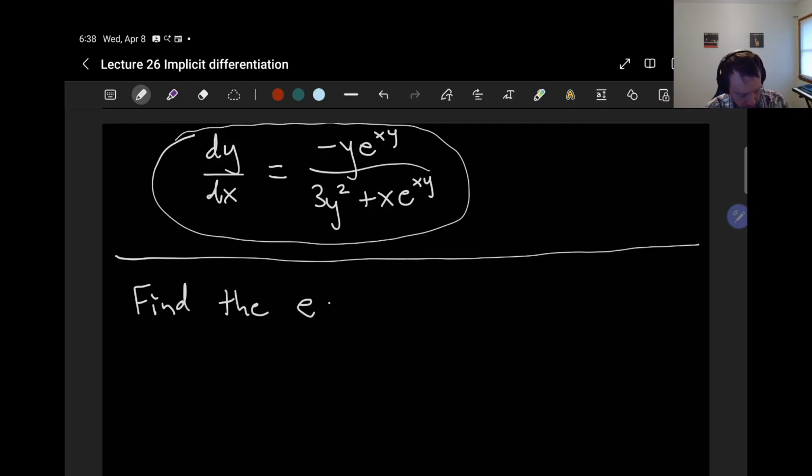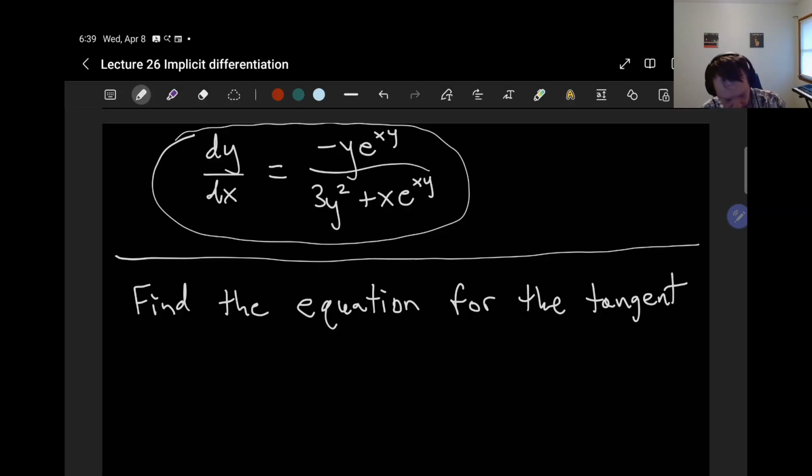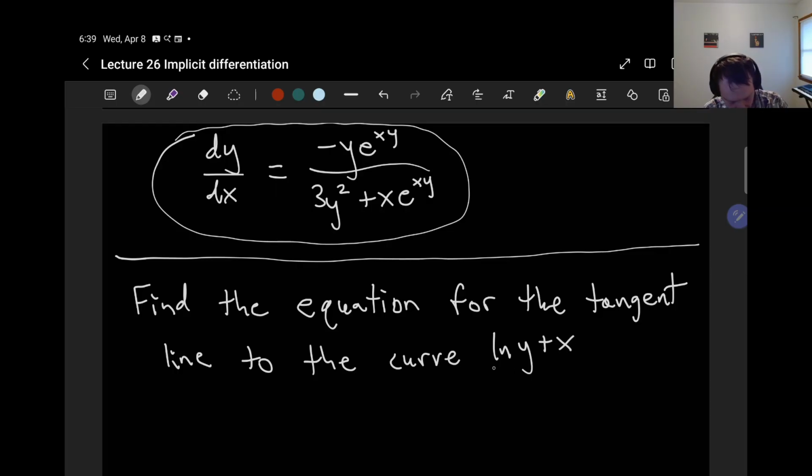We want to find the equation for the tangent line to the curve natural log of y plus x over xy squared equals 1.